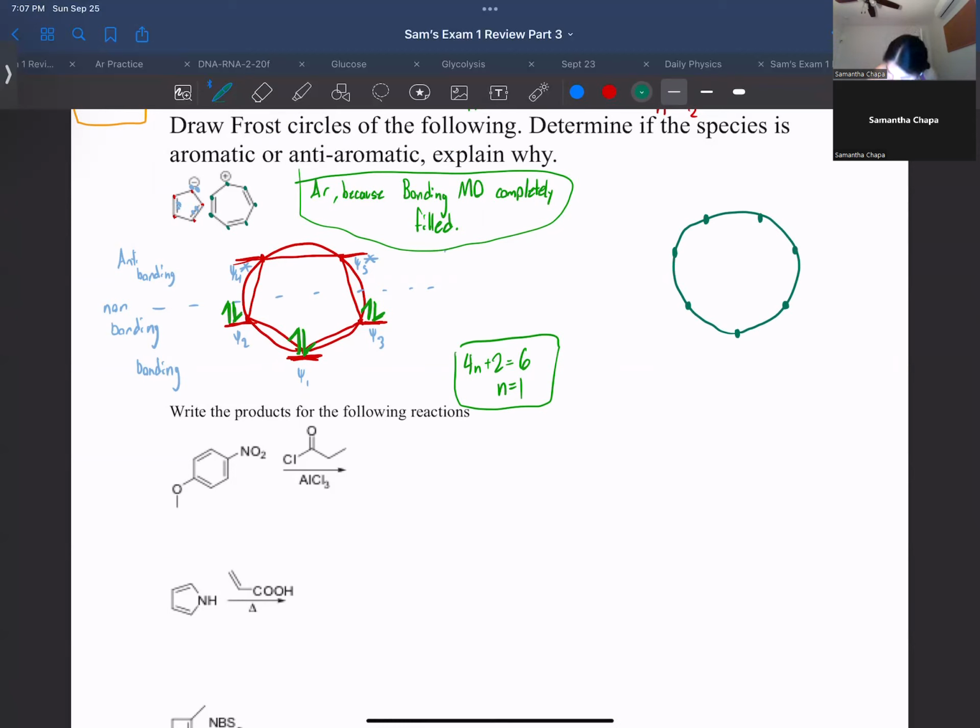Yeah, that should be good. Connect my dots. Put it in the middle. Draw a line on every vertex.